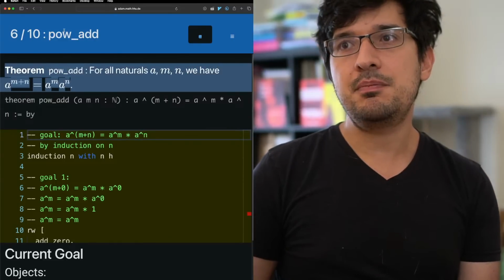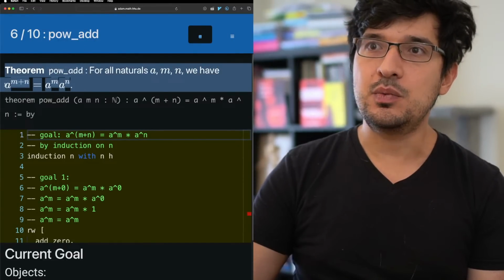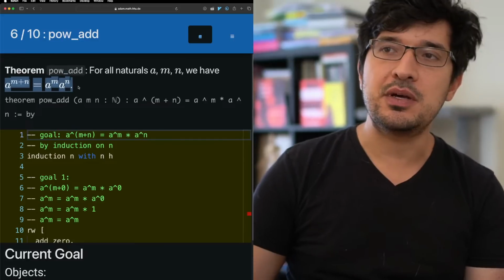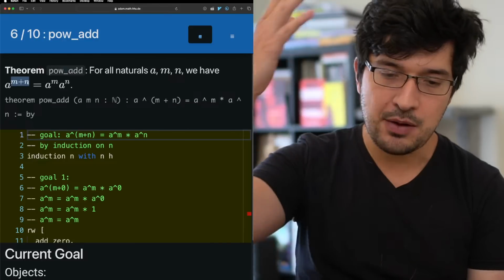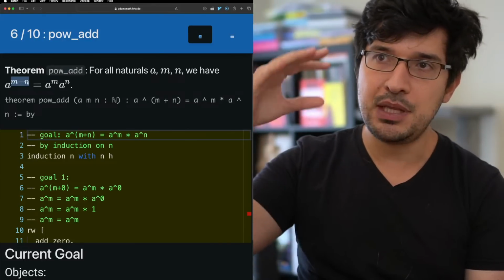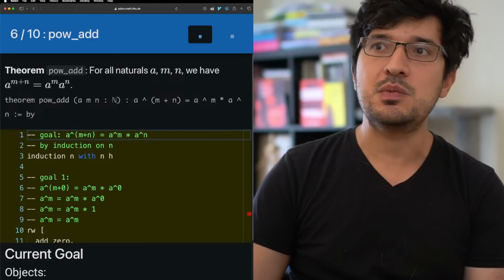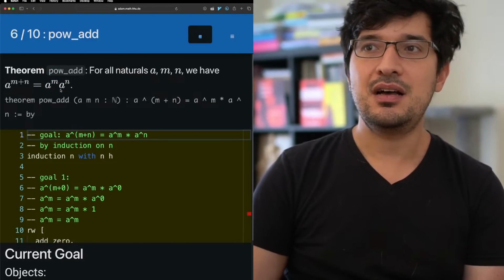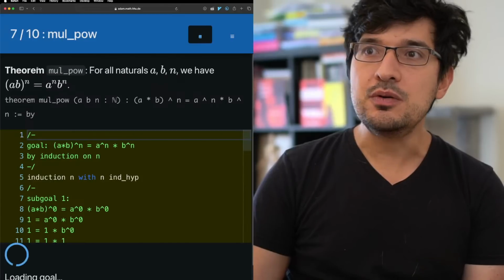Then we've got pow-add, which means we proved this fact that we all learned in grade school, that when the power is an addition, m plus n, then this splits as a to the m times a to the n. That's pretty cool. So these are things that we're proving.